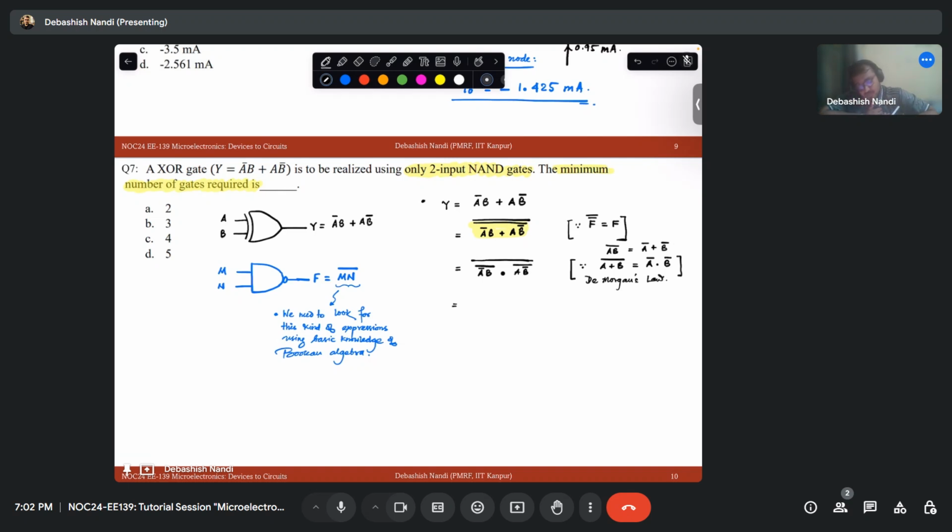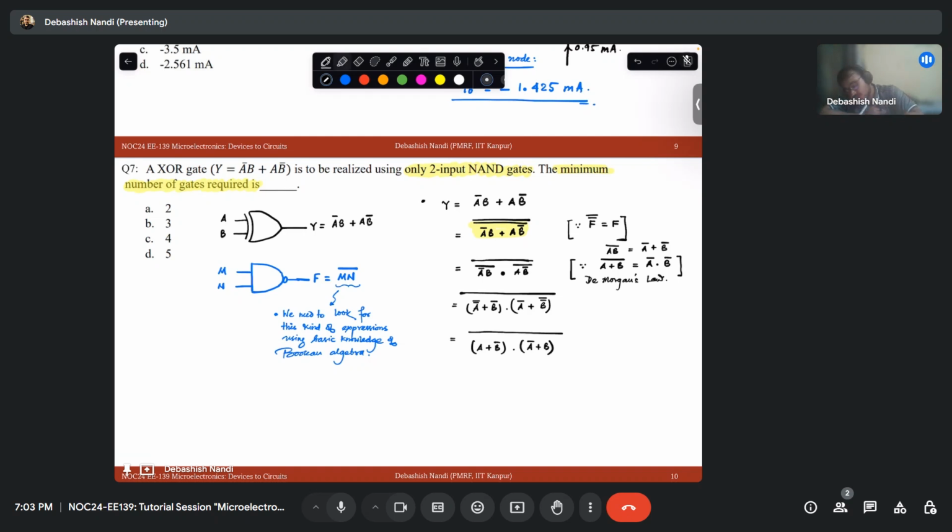So we have (A bar bar plus B bar) times (A bar plus B bar bar), and there is another bar. So now we have (A plus B bar) times (A bar plus B).